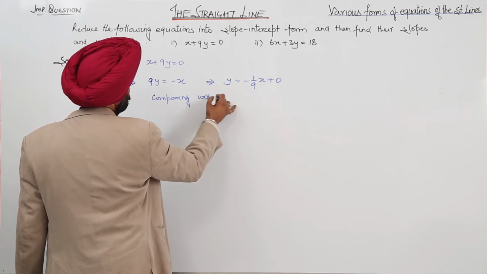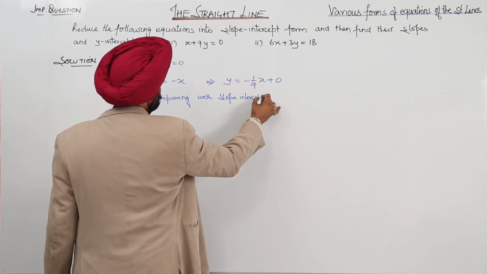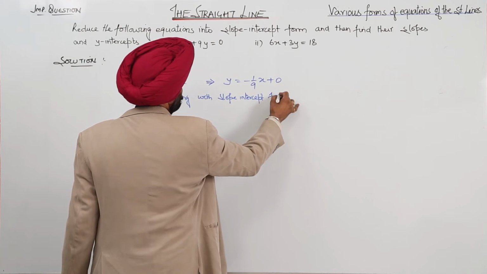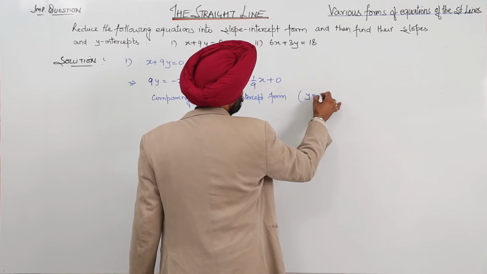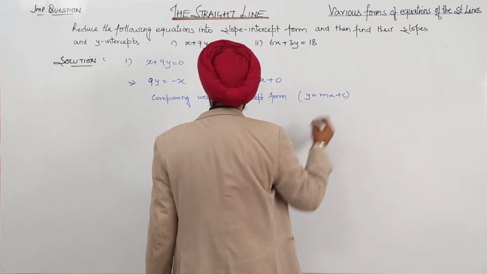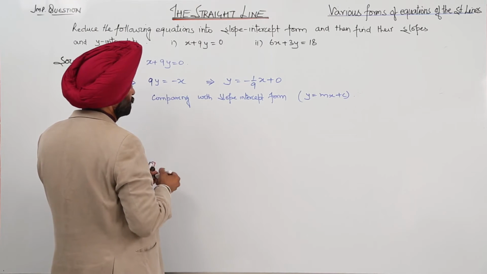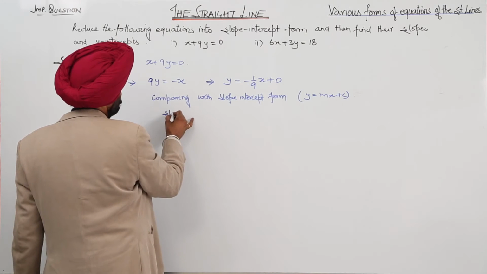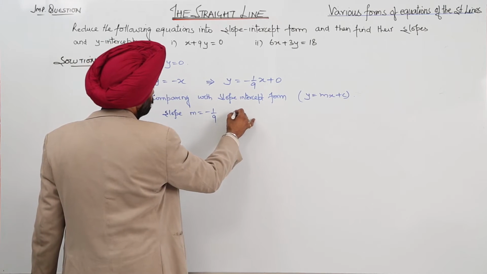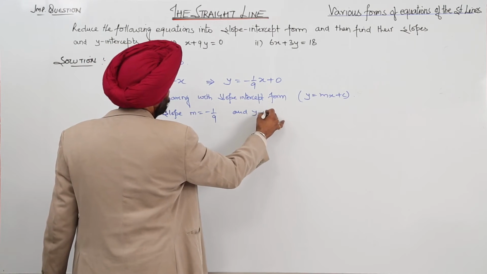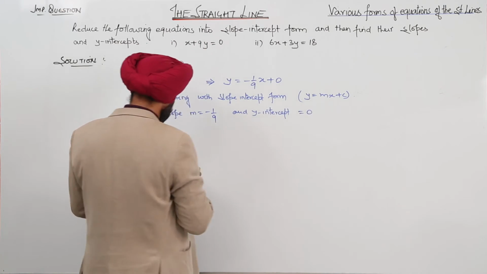Now comparing with slope intercept form, that is y is equal to mx plus c, slope m is minus 1 by 9 and y-intercept is equal to 0.